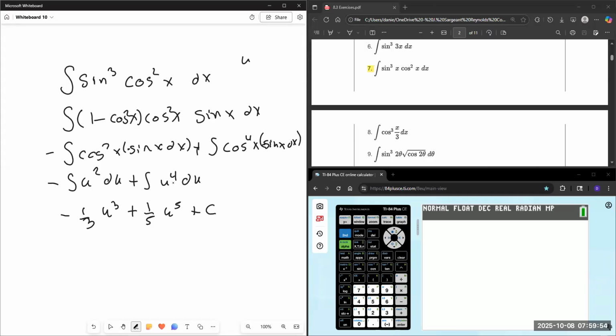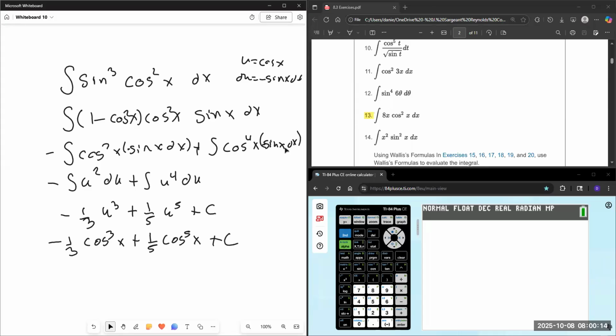U is equal to cosine of x, and du is a negative sine x dx. So this is negative 1/3 cosine to the third x plus 1/5 cosine to the fifth x plus c. Let's look at the next problem.